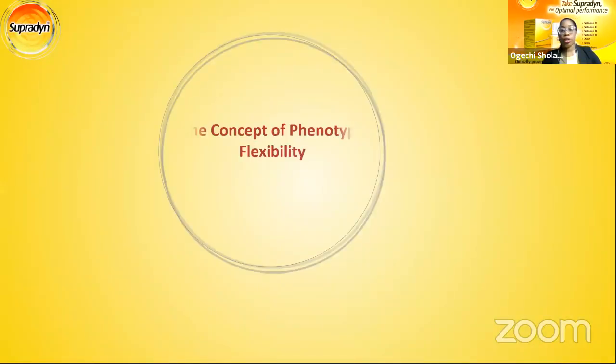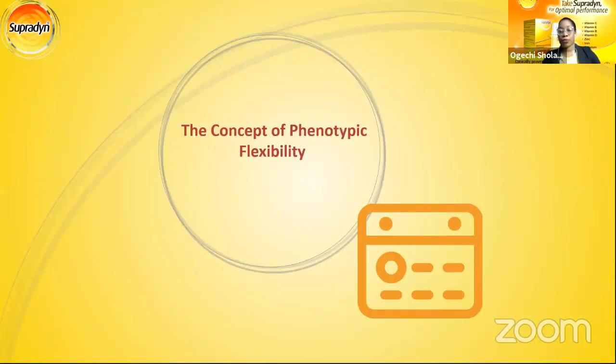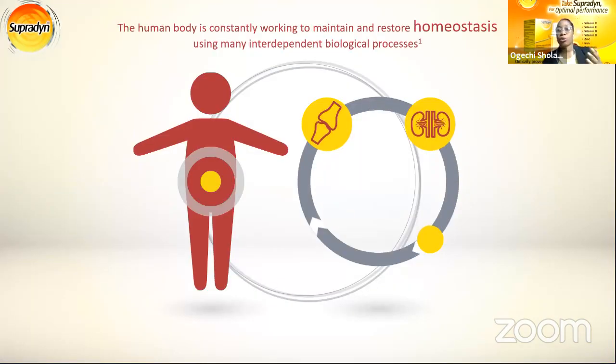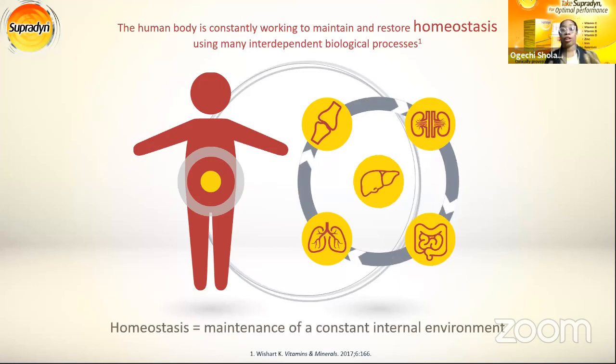The concept of phenotypic flexibility. The human body is constantly working to maintain and restore homeostasis using many interdependent biological processes. Homeostasis is defined as the maintenance of a constant internal environment. I usually use this analogy.